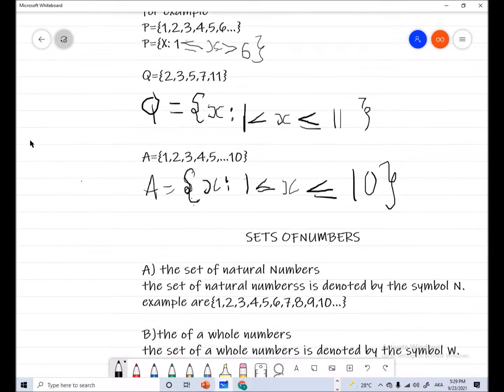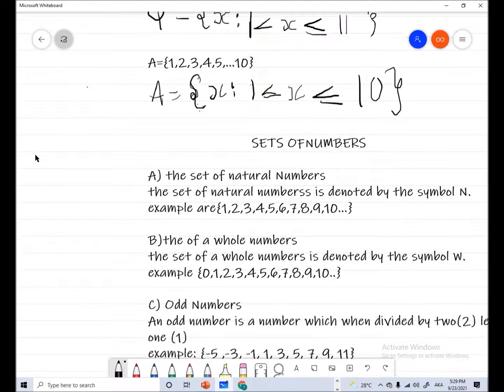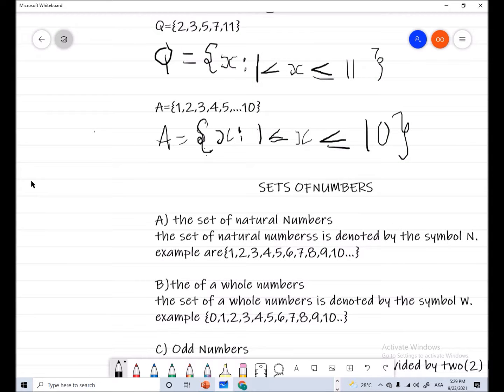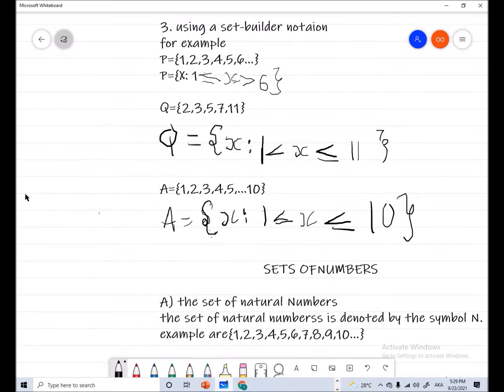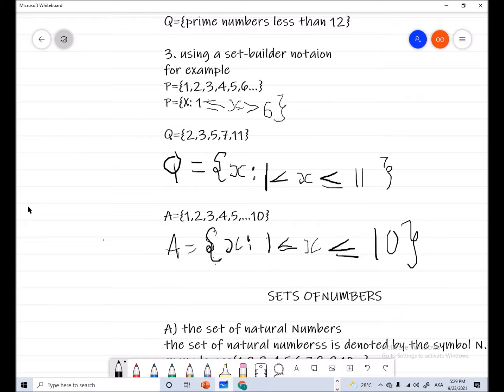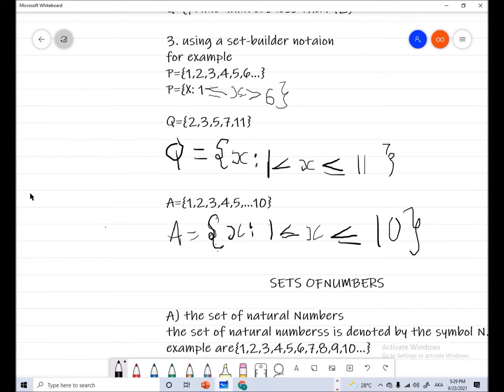We came to sets of numbers, and we were able to define a lot of terms, and sets of numbers like natural numbers, odd numbers, even numbers, whole numbers, prime factors, factors, and a whole lot. Okay, and then today we are continuing.